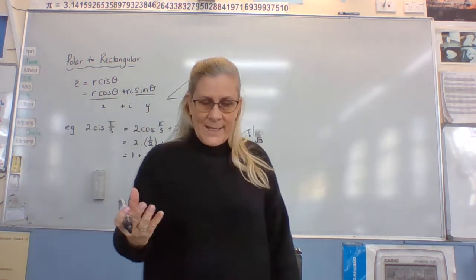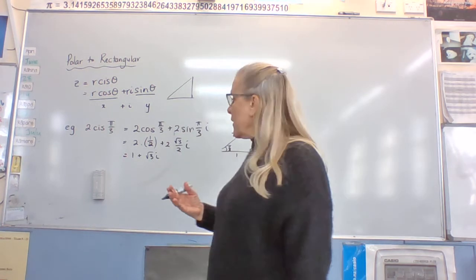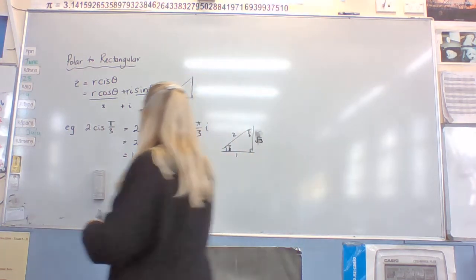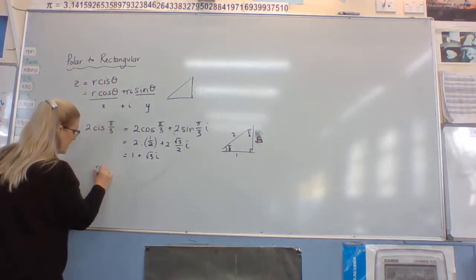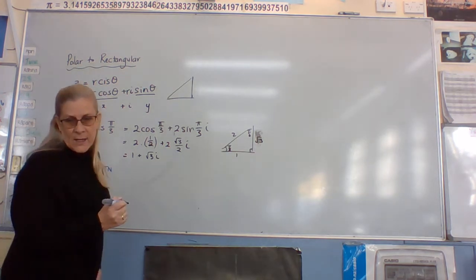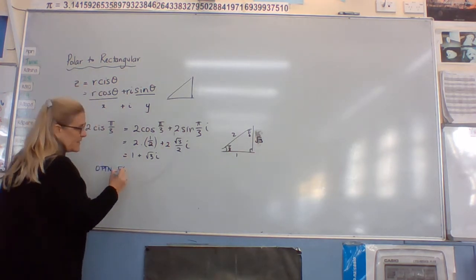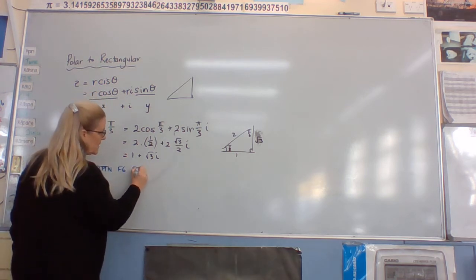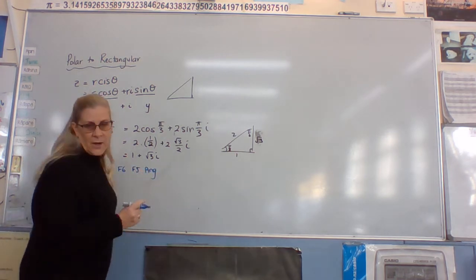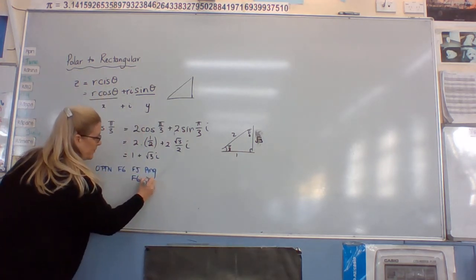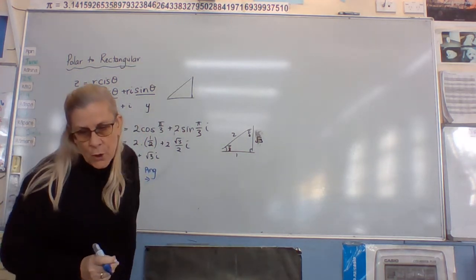Now, there's obviously an easier way to do this, and this is using your calculator. So if you're using your calculator, you go to options, and you go across, so use the F6 key to go to the next page, F5, which is angles, and then F6 to the next page, and then you've got two things.